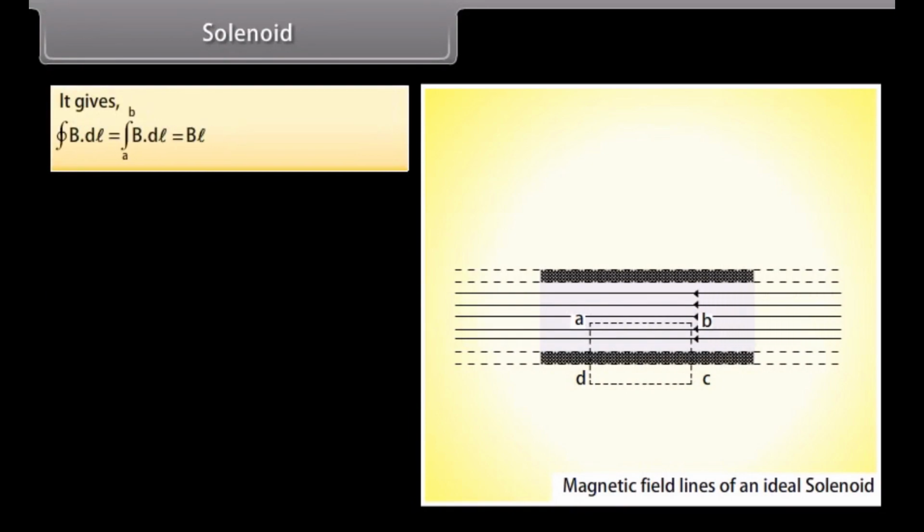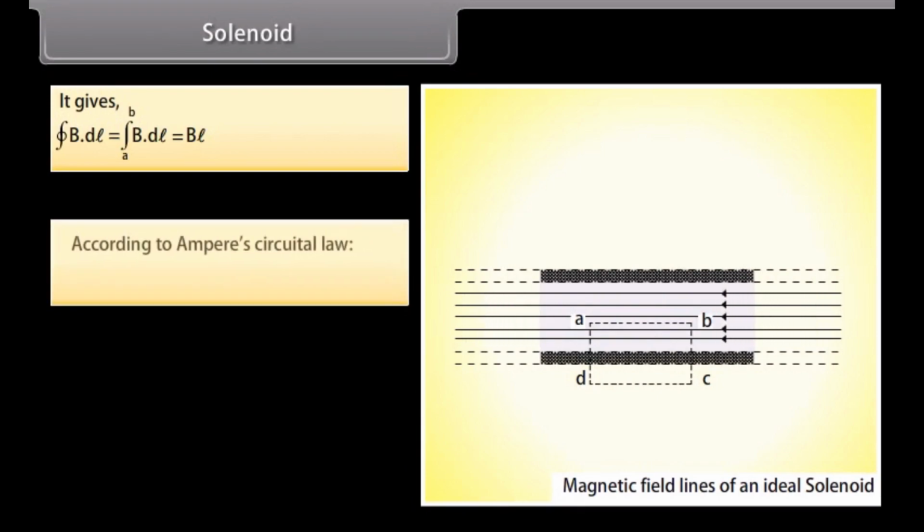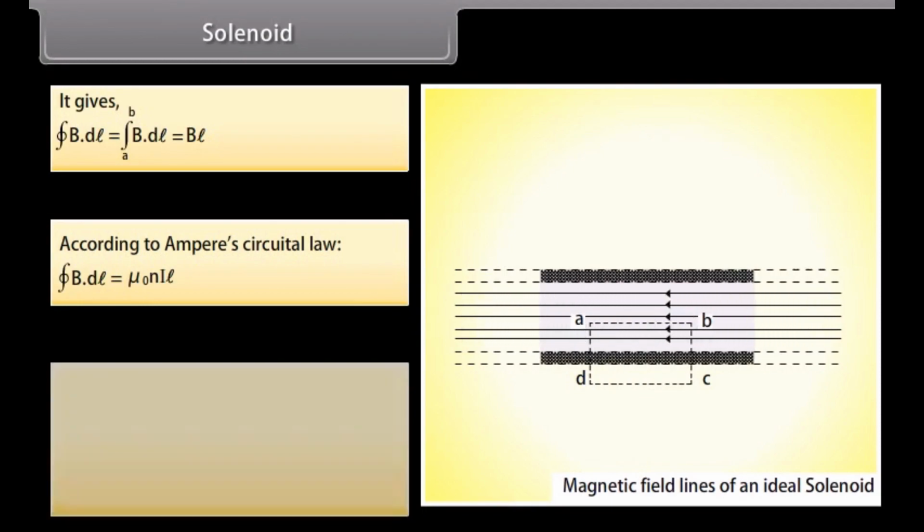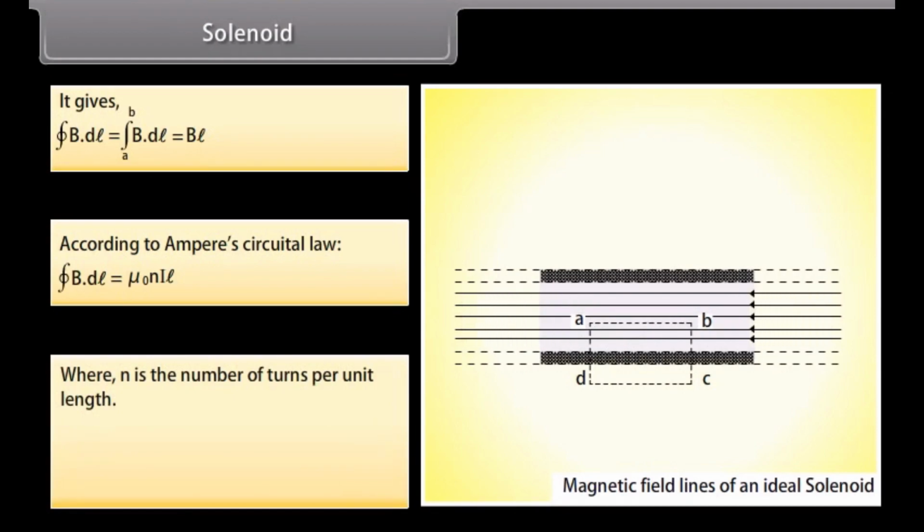It gives closed integral of B dot dl is equal to integration from A to B of B dot dl, which is equal to BL. According to Ampere's Circuital law, closed integral of B dot dl is equal to mu naught NIL, where N is the number of turns per unit length. From the above two equations, we get the result B is equal to mu naught N I.